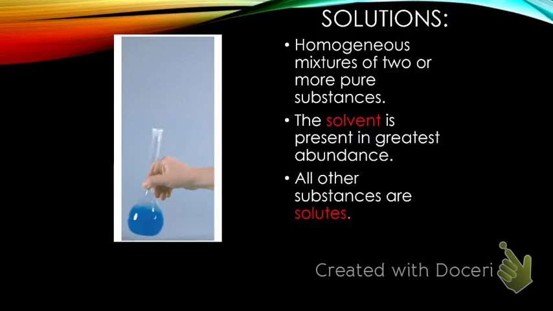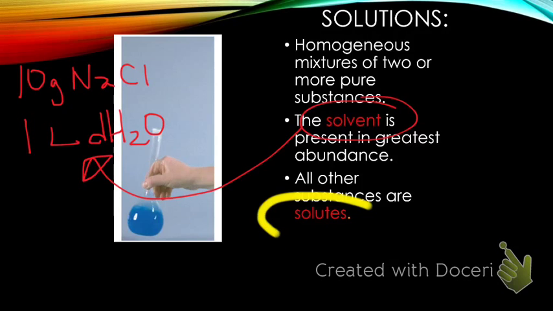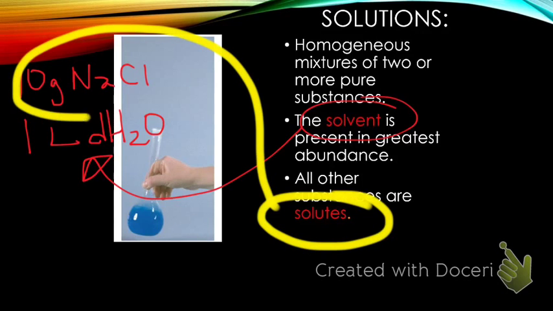So in our example with salt, if we take 10 grams of sodium chloride, which is table salt, and we add that to 1 liter of water, in fact I'll say distilled water, the solvent would be the water, and the solute would be the sodium chloride, because it's in a smaller amount.